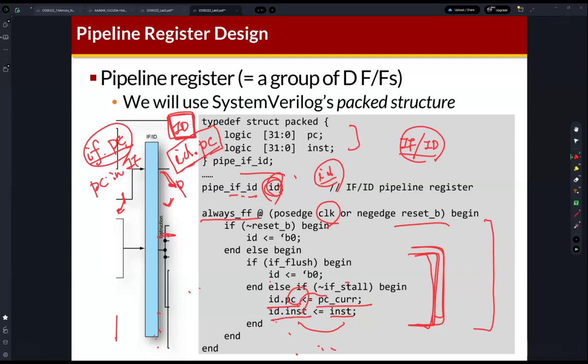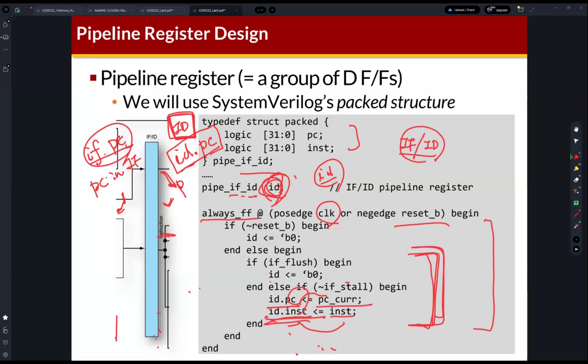I just named this pipeline register as ID, and it represents the instruction signal in ID stage. So this is the ID.inst. Like this way, we can make the timing of signals next step.